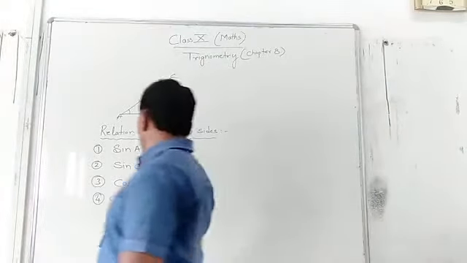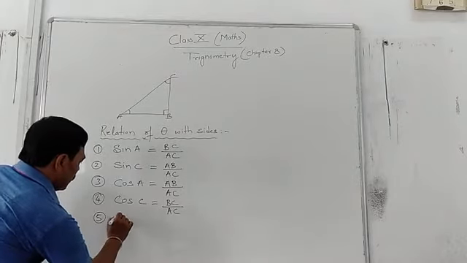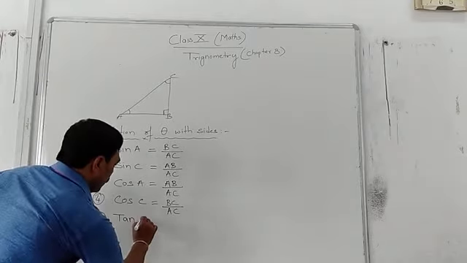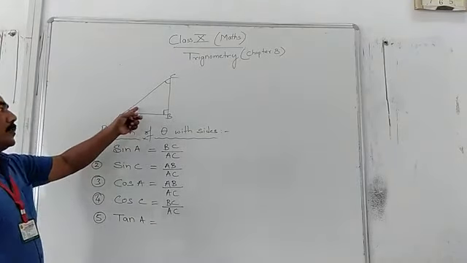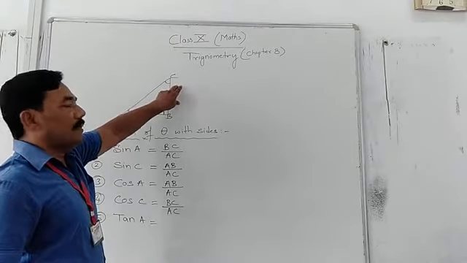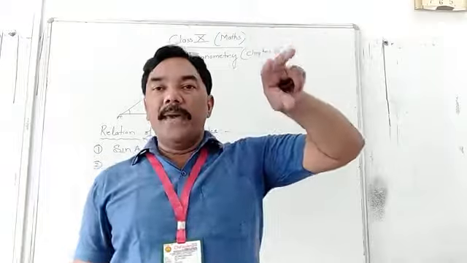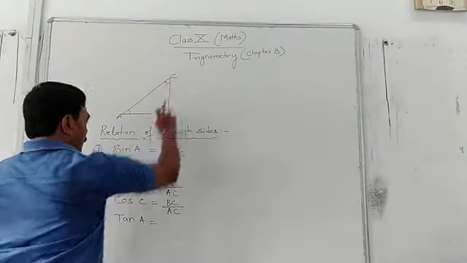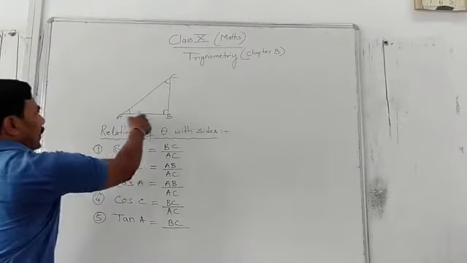Clear? Now the fifth one is tan A. The side opposite to angle A is BC. Tan theta is perpendicular upon base, so the perpendicular is BC and the base is AB.